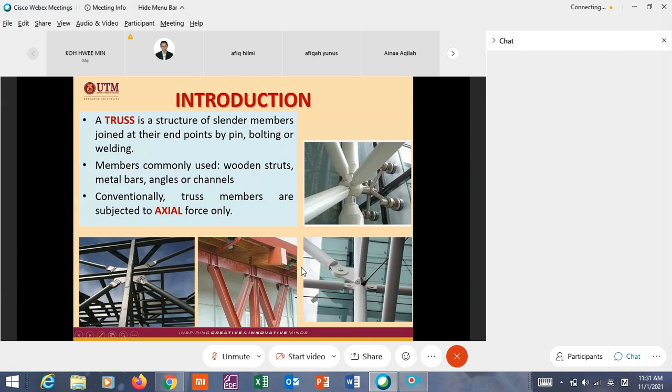This is the sign convention for tensile and compressive, where the member tends to elongate. So here the external force is going outward from this member.